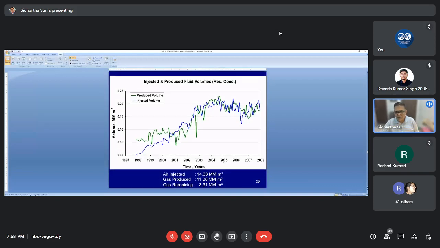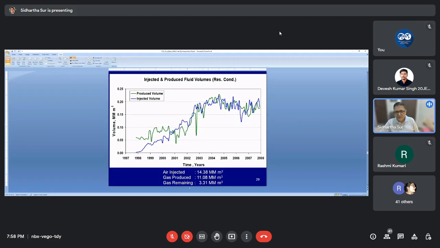And one more beautiful thing is, you can see at the bottom, out of 14 million cubic meter of air injected, gas produced was 11 million cubic meter. And there was 3 million cubic meter still occupying inside the reservoir, like a gas cap. So it forms a sort of secondary gas cap. That means combination drive.